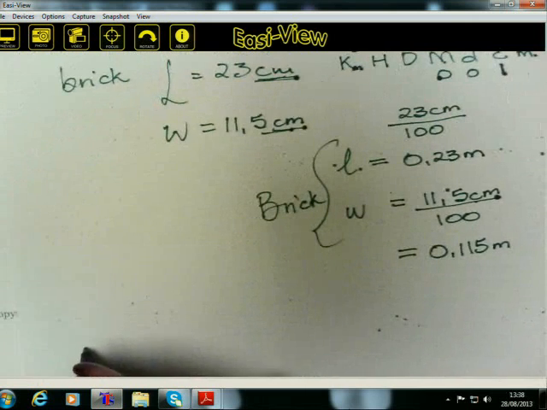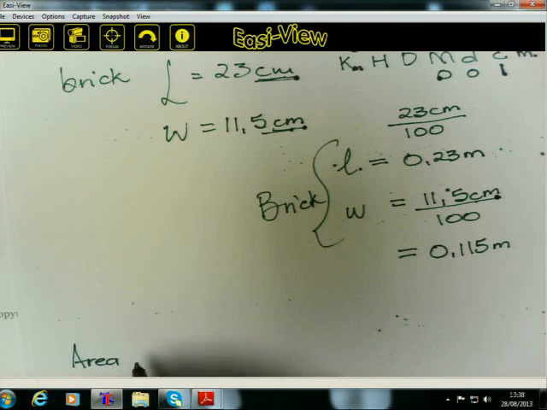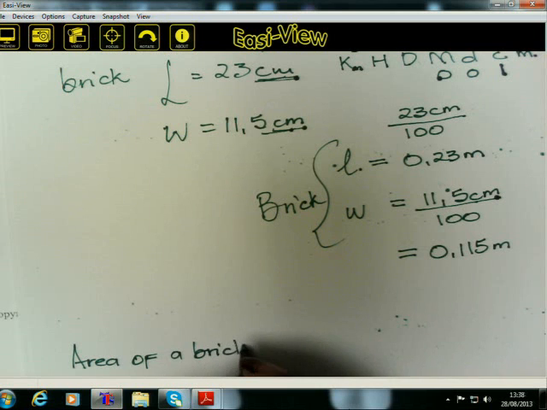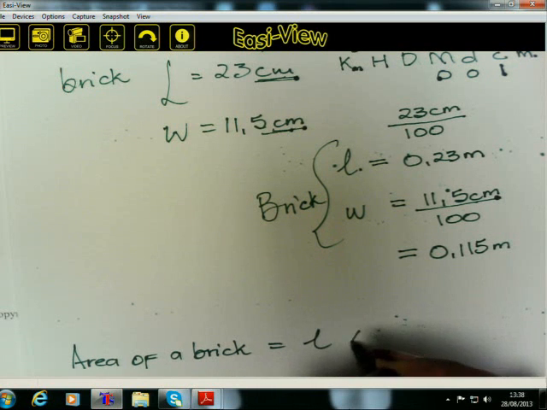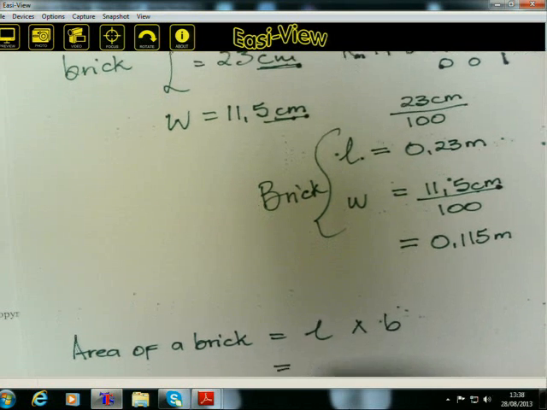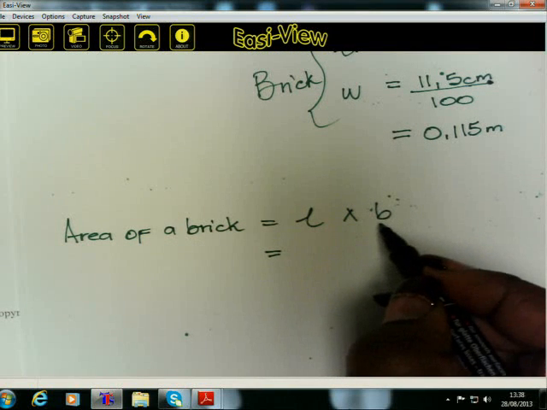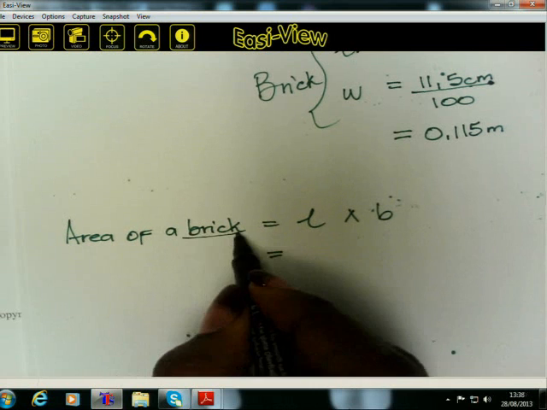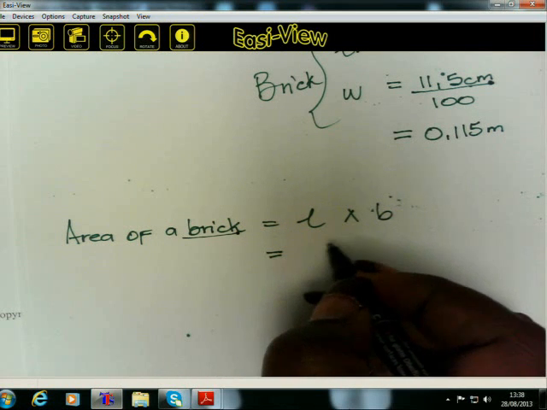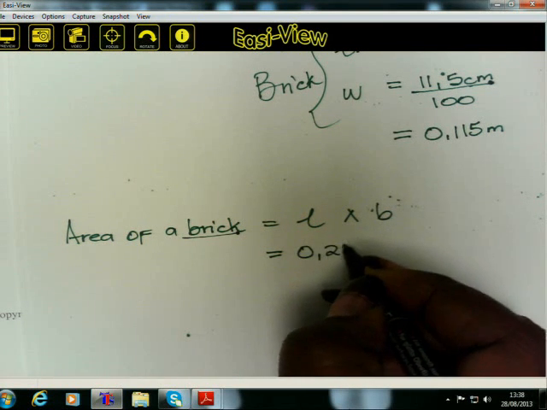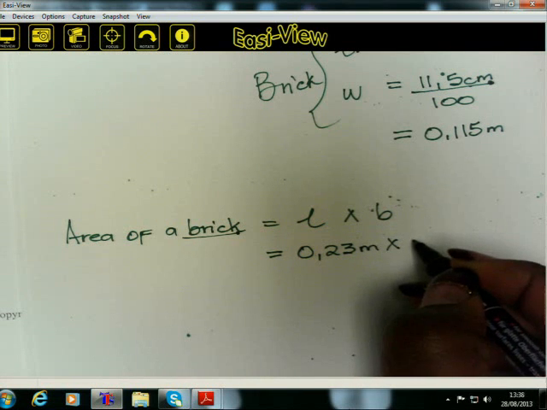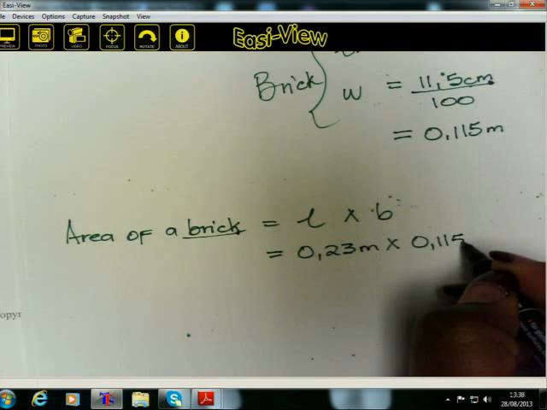Now we can calculate the area of a brick, the area of the paving brick. Remember, we were given a formula: area is equal to length multiplied by breadth. So we will follow the same formula, but now we are calculating the area of the brick. We will substitute those values: 0,23 meters multiplied by 0,115 meters.